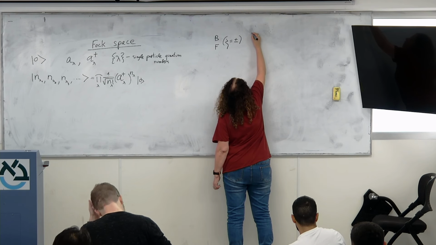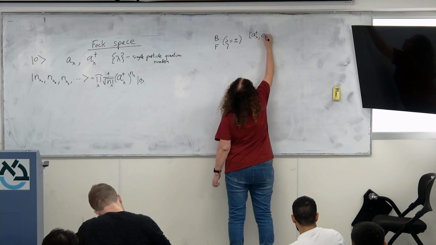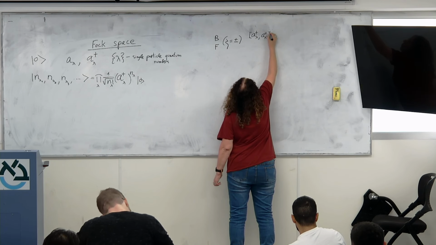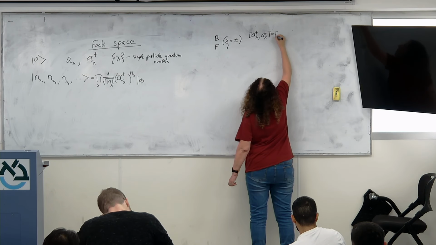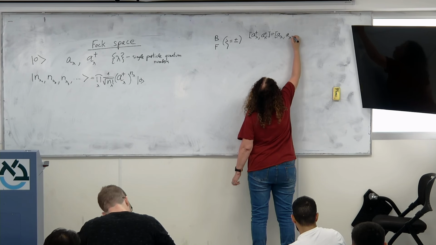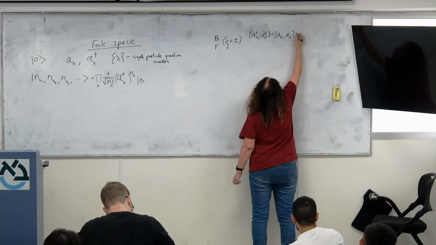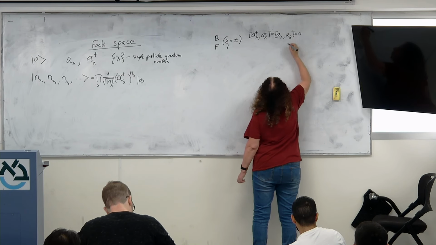So for bosons, you have commutators of A and A, or A dagger and A dagger, for any lambda, lambda prime equals 0.